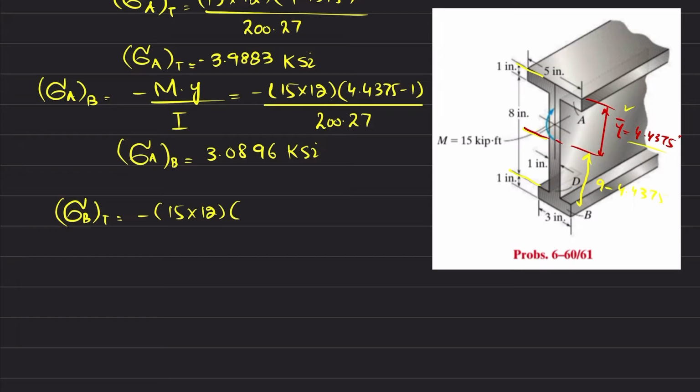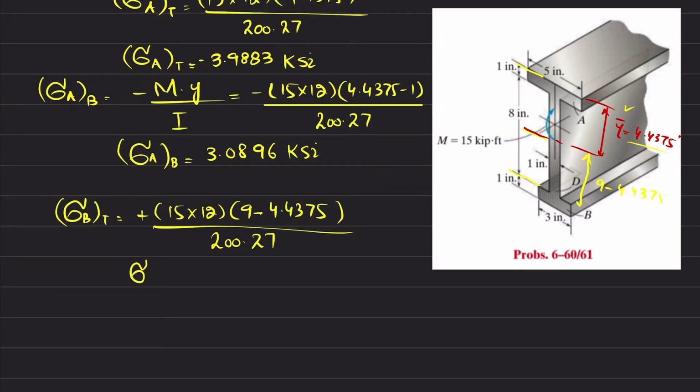So 9 minus 4.4375 divided by I, which is 200.27. So again when you calculate it, as this distance is downward, this will be minus, minus will be plus.